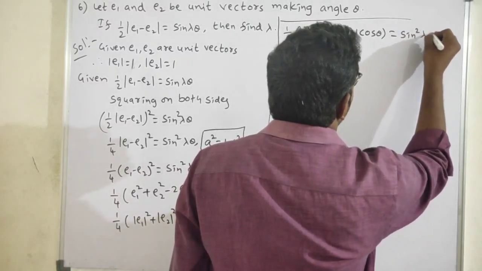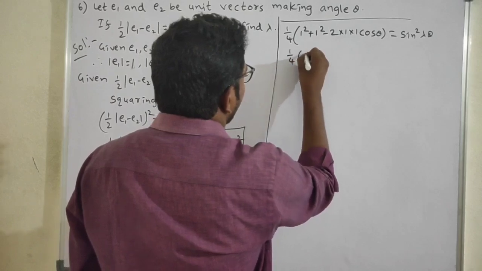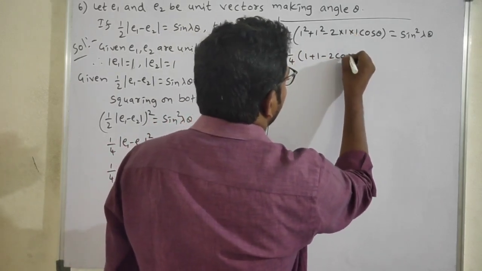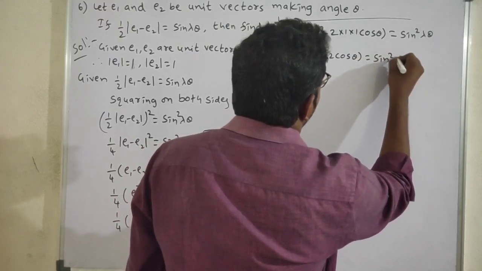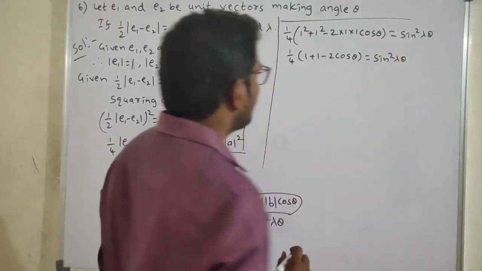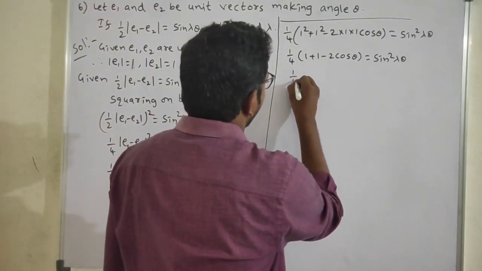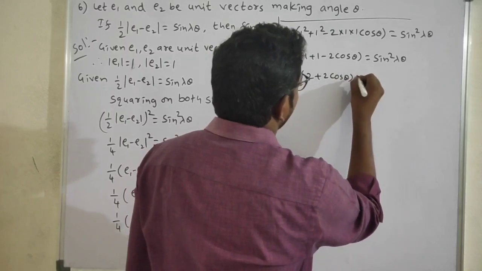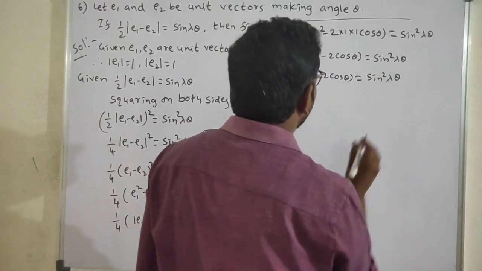So 1 by 4, 1 plus 1 minus 2 cos theta, so 1 by 4 into 2 plus 2 cos theta is equal to sin square lambda theta.